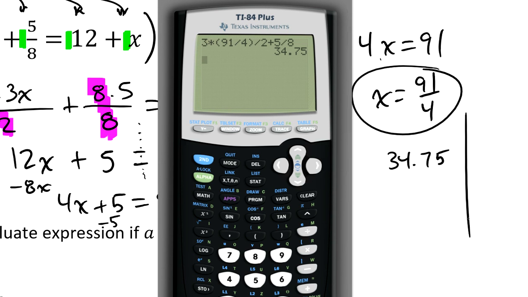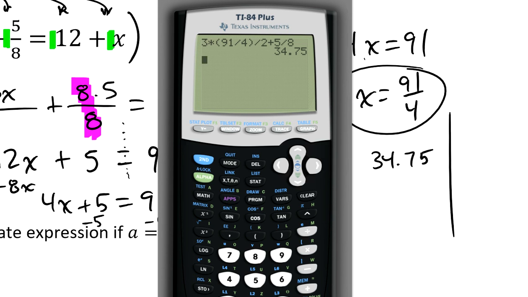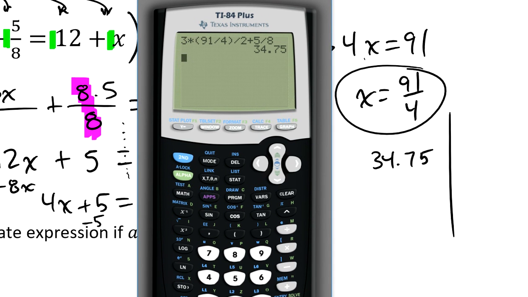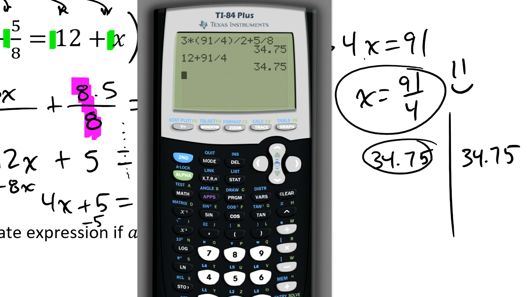That's one side of my equation, and I'm going to compare that with what I get when I plug that into the other side. So I'm going to look at 12 plus, and then again 91 divided by 4. And when I do that, you can see I also get 34.75. So this is truly the solution because it makes both the left and the right hand side of this equation equal to 34.75.